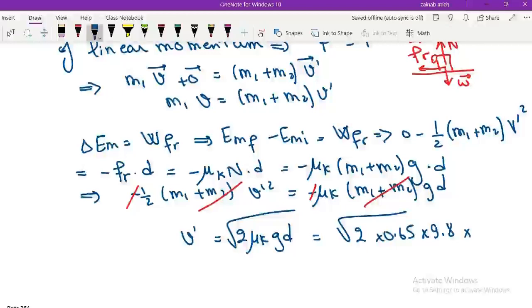Okay, it was 7.5. I calculate all the numbers and I get 9.77 meter per second. So I found V prime.